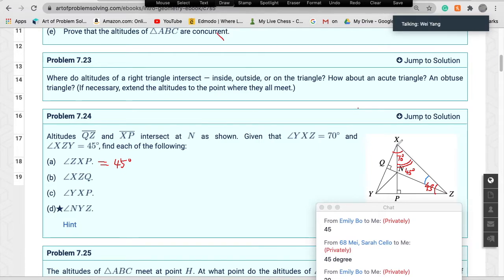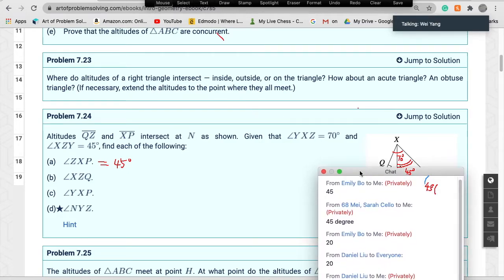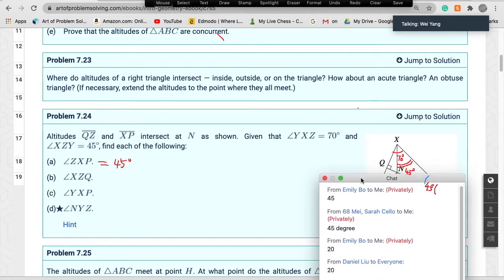So here you consider the triangle XQZ. This one is also a right triangle. This angle equals 90 degrees. They already tell you YXZ equals 70 degrees. That means this angle equals, Daniel also got it right, very good.